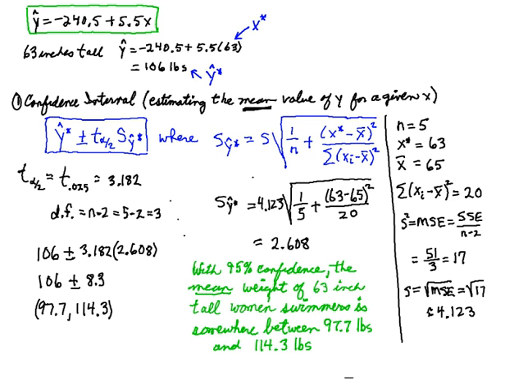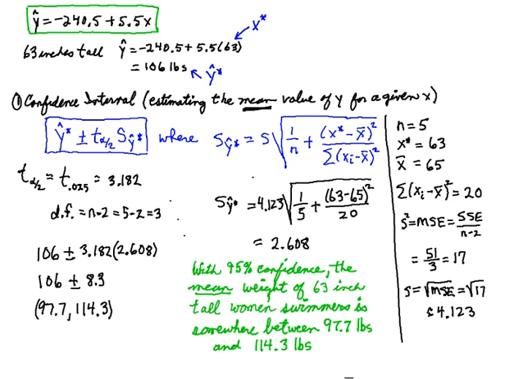Okay, I can say with 95% confidence the mean weight of 63-inch tall women swimmers is somewhere between 97.7 pounds and 114.3 pounds. So my best estimate for a woman swimmer that is 63 inches tall is 106 pounds.